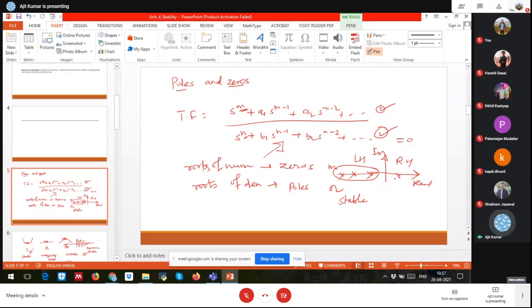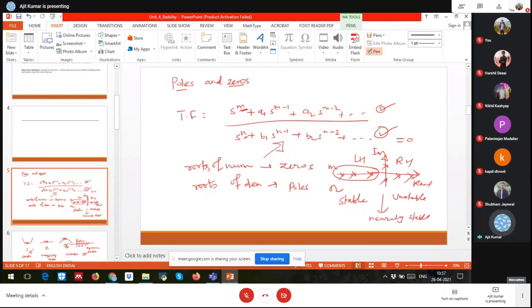If the poles are on the right side, it is unstable. If they lie on the imaginary axis, then it is known as neutrally stable or marginally stable.